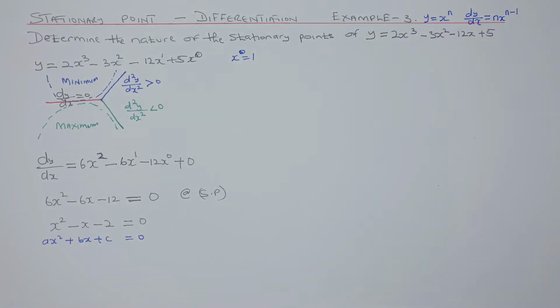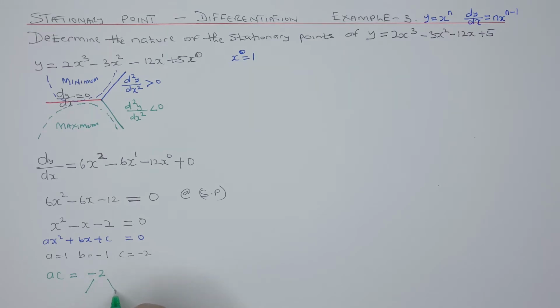See if we can factorize this. In this case, a equals 1, b equals minus 1, and c equals minus 2. I need to find ac. A times c would be 1 times minus 2, which is minus 2.